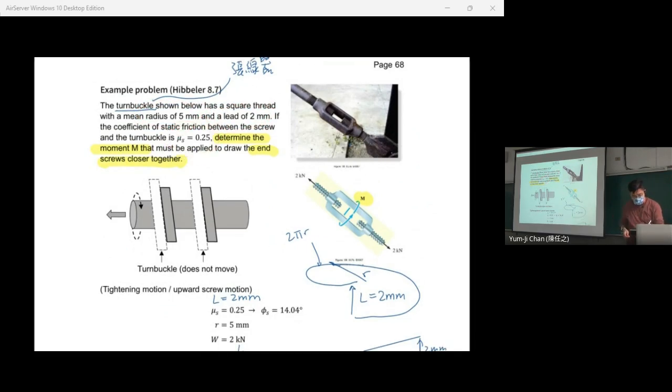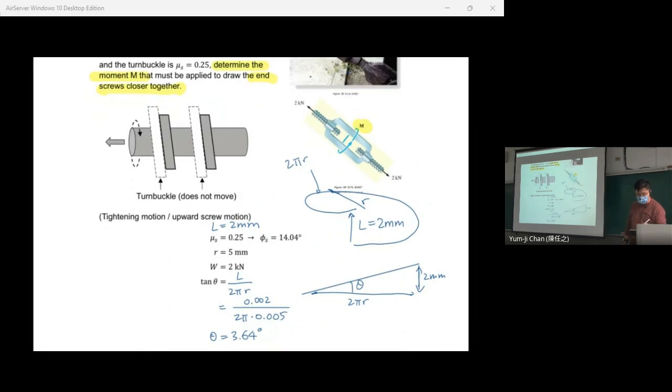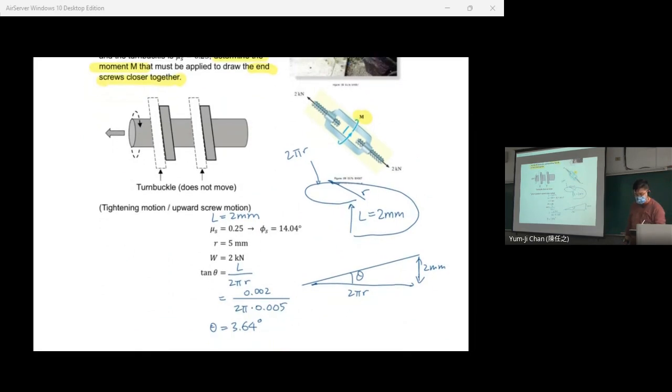Determine the moment M to be applied to draw the screws closer together. We talked about the key parameters on Thursday: the lead is 2 mm, which is L. And when we go 1 revolution, the radius is R and the path length is 2 pi R.